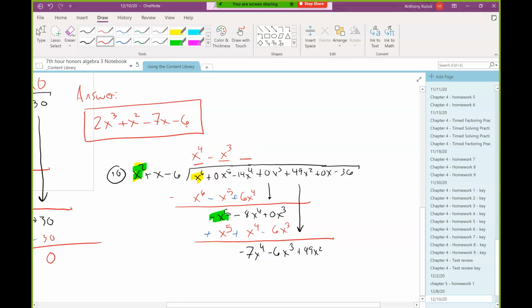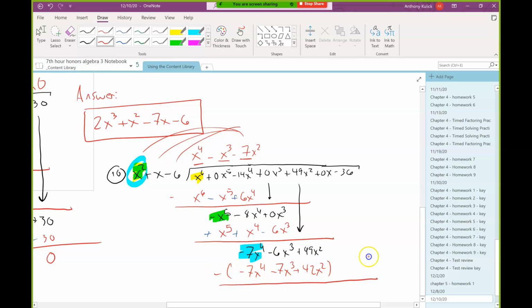Okay. Ask ourselves how many times is x squared going into negative 7x to the 4th. Well, that would be negative 7x squared. And again, multiply to the whole thing and subtract down.